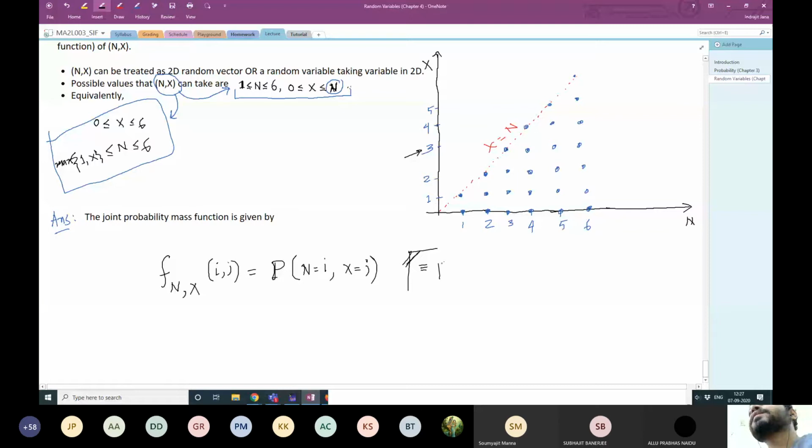So this is the probability of these two events, n is equal to i and x is equal to j, happening at the same time. This is an intersection. So how do we figure this out?